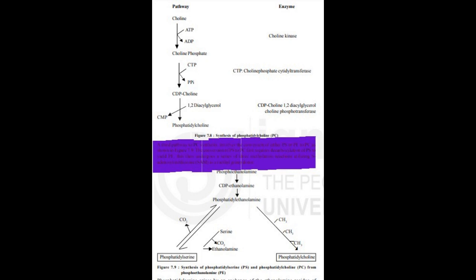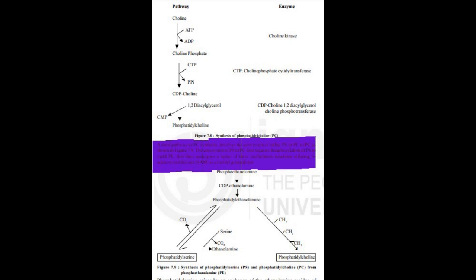7.8. As can be seen, choline is activated first by phosphorylation and then by coupling to CDP prior to attachment to phosphatidic acid. PC is also synthesized by the addition of choline to CDP-activated 1,2-diacylglycerol. Figure 7.8, Synthesis of phosphatidylcholine, PC. A third pathway to PC synthesis involves the conversion of either PS or PE to PC as shown in figure 7.9.